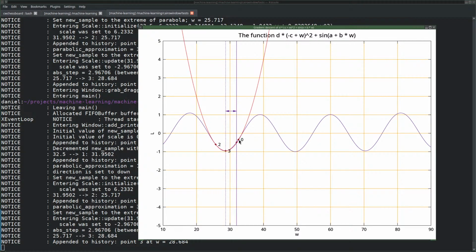It's almost on top of the parabola. But that doesn't mean that I'm rejecting 1. It just means that 0 is good enough.